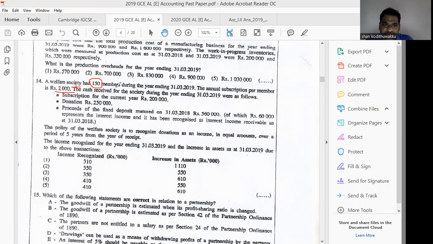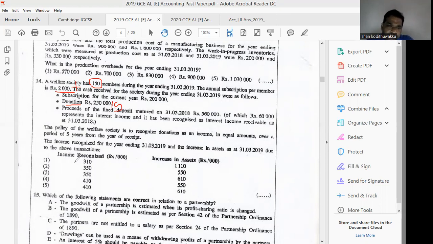That is 3 lakhs. That is the main source of income. And from donation, we can take only 50,000 because as per their policy, we can take 1/5 only for the current year income. Therefore, 50,000 plus 300,000, 350,000.